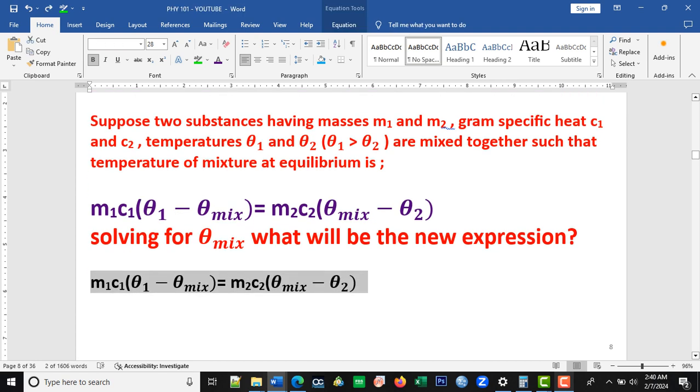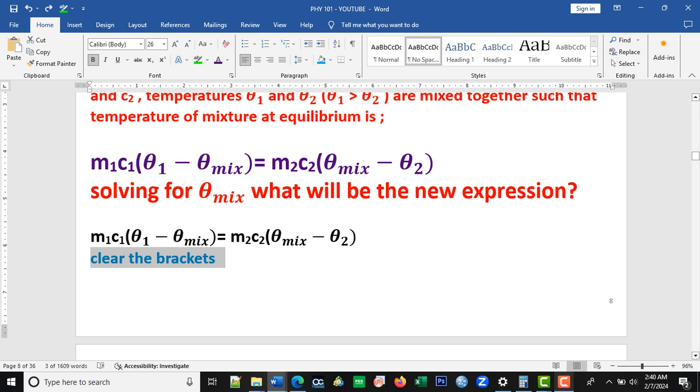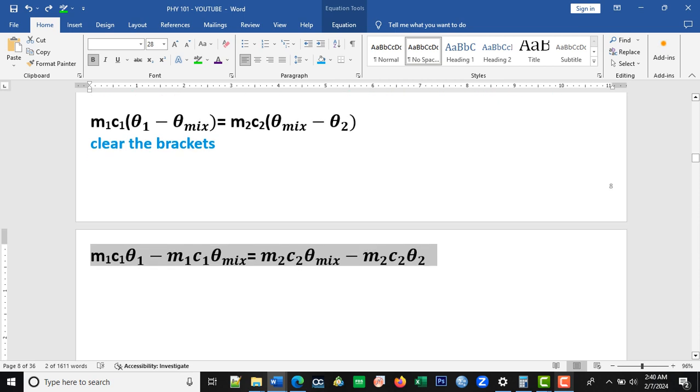This is the equation. When we clear brackets, we get the expression M1 C1 times θ1 will give us M1 C1 θ1, minus M1 C1 times θ mix will give us M1 C1 θ mix.